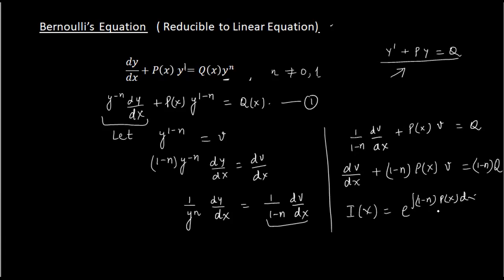After finding the integrating factor, we write the solution of the given differential equation, which is v times the integrating factor equals the integral of q times 1 minus n into integrating factor plus the constant of integration. Now we put v equals y raised to the power 1 minus n again to get the final answer. Let us understand this process through a couple of examples.